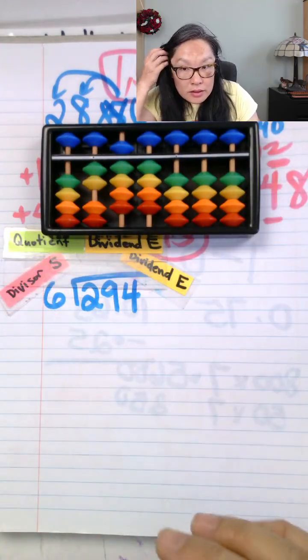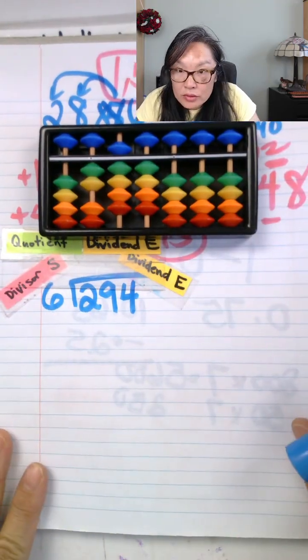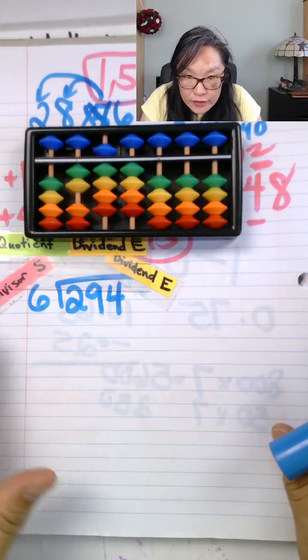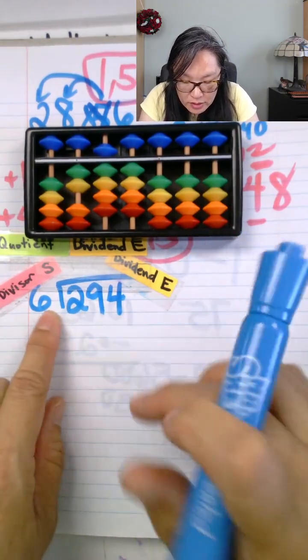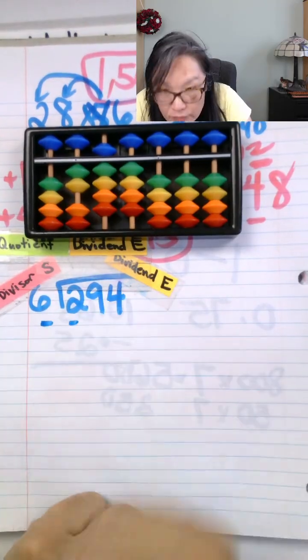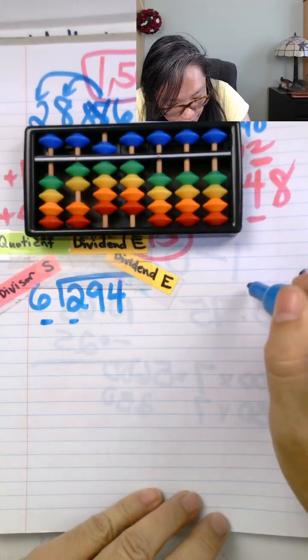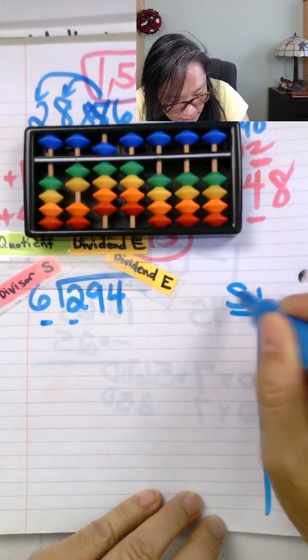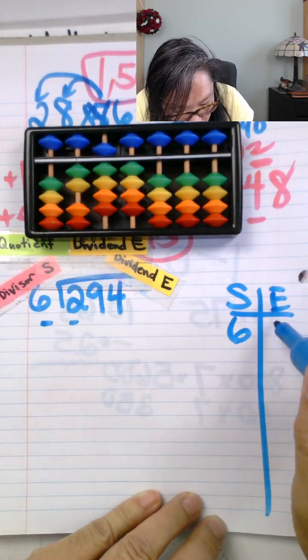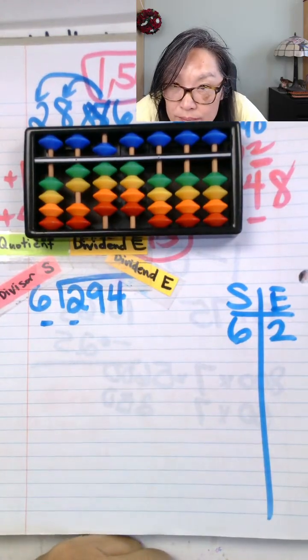Okay, so the first thing we're going to do is compare. We have this and we have this, and we line it up. 6 and 2, who is bigger?